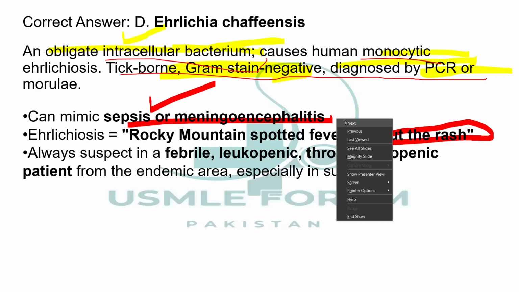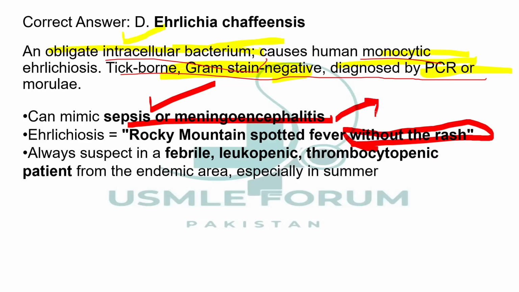Rocky Mountain spotted fever has a purpuric rash, with small petechiae or purpura throughout the body. Otherwise, they are the same.